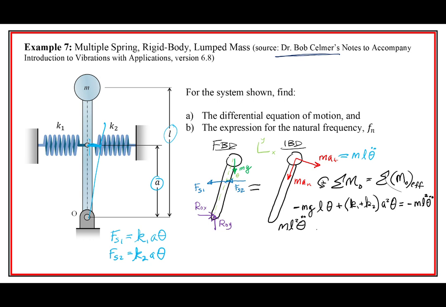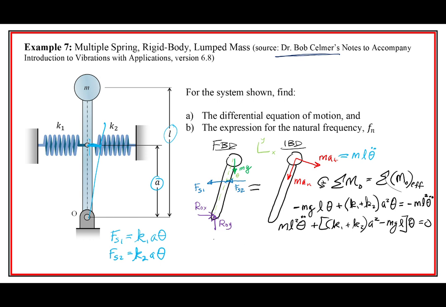I moved the thing around to go plus K1 plus K2 A squared minus MGL theta equals 0.